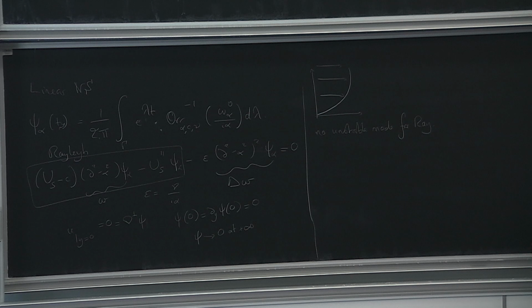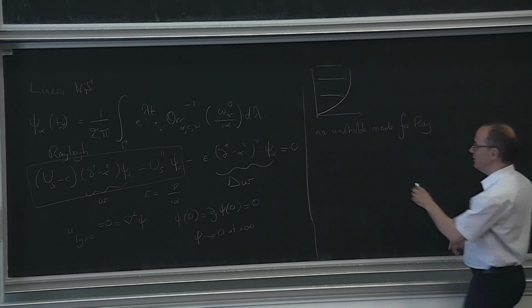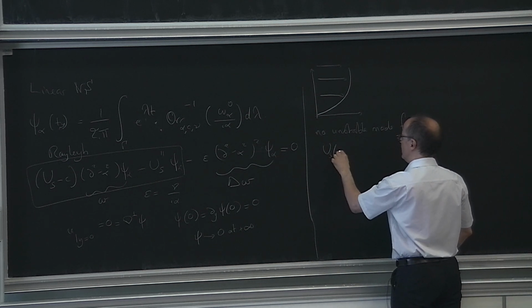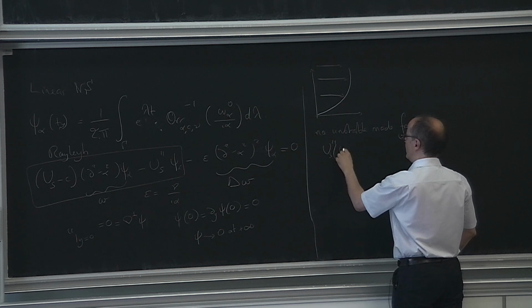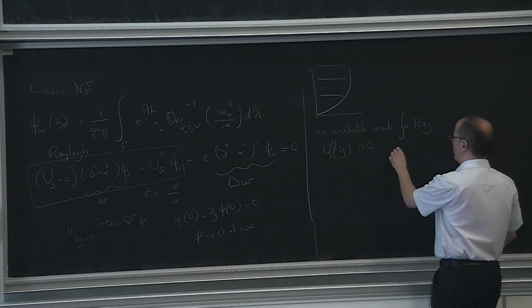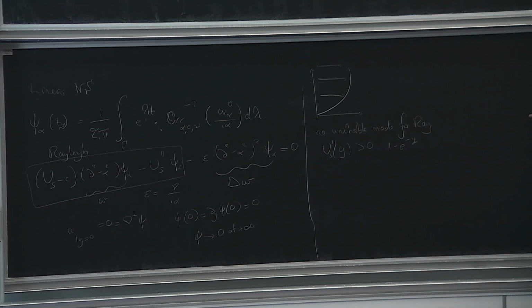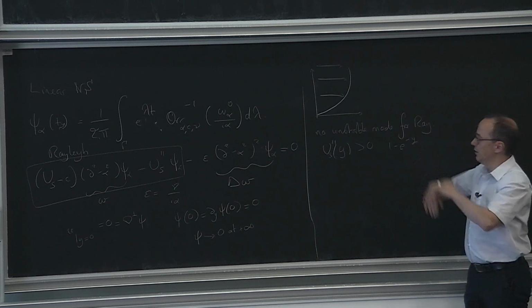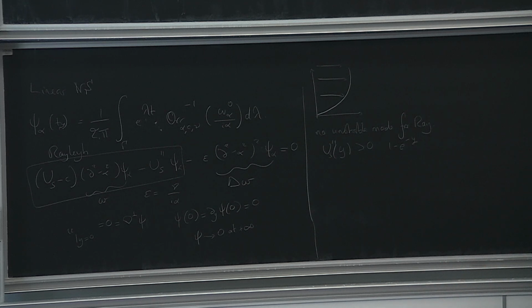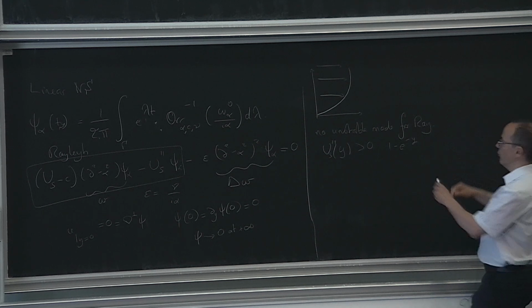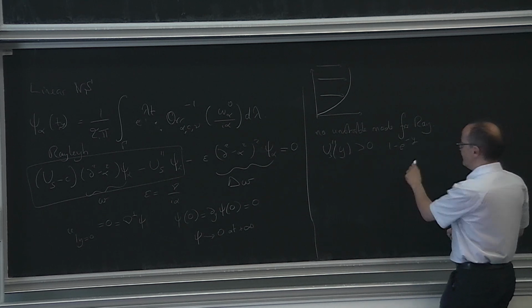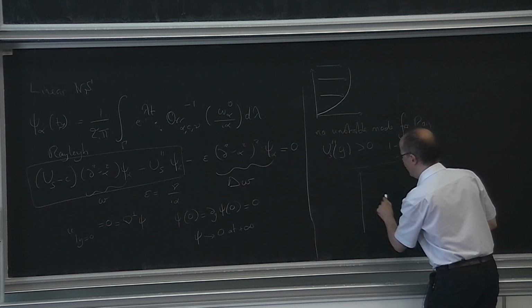This is the case, for instance, if US is monotonic. So if, for instance, US prime prime is always positive, like for instance a wave profile. So this is the first case, and in this case, a spectrum from Rayleigh.